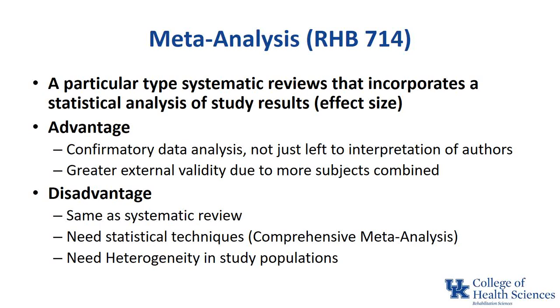The big difference is it calculates a statistical analysis, and so you're going to learn a little bit tonight but also later about effect sizes and how you calculate those, and the comprehensive meta-analysis, which is a statistical software, really lets you use the data from your studies and enter that into it so it can create that forest plot and it can calculate a funnel plot for a publication bias.